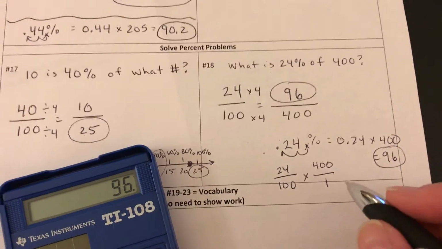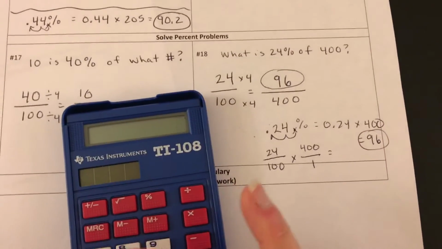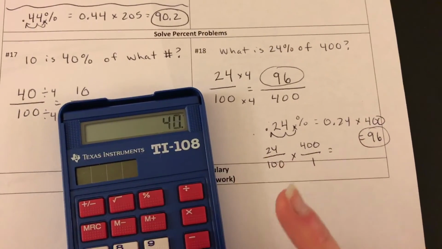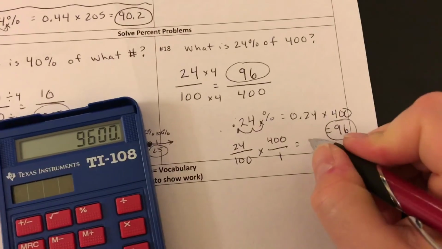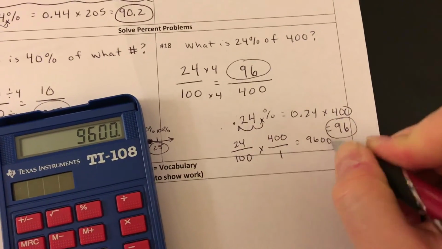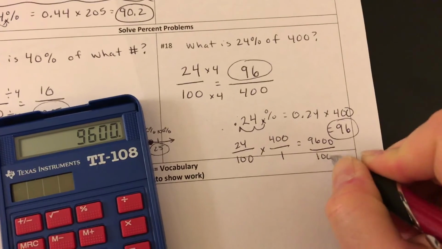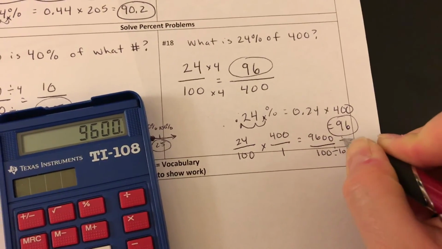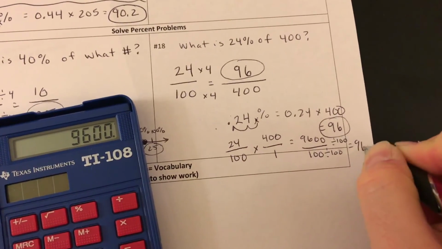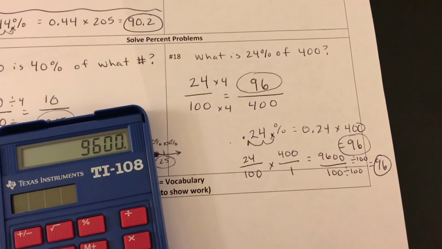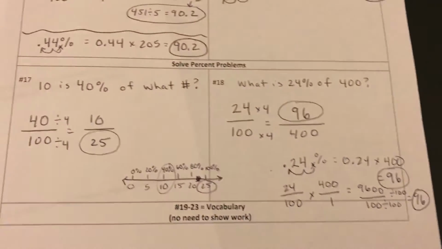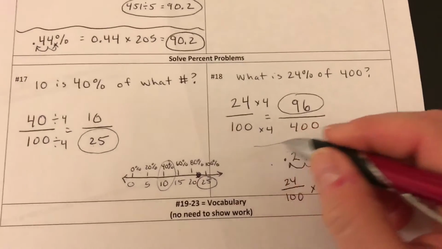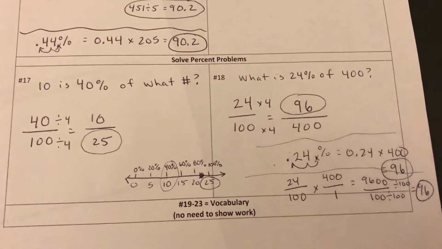So you could have gone that way too. 24 times 400 is 9,600 over 100. Divide both by 100, and you still get 96. Cool. So many ways to do it. These are just different ways.